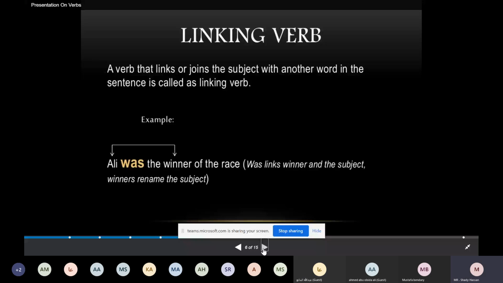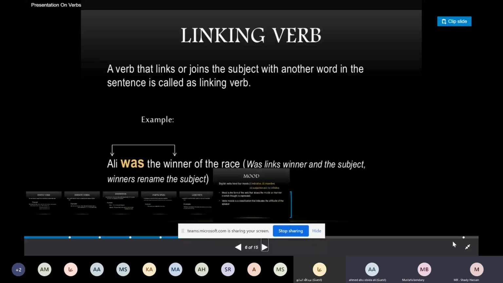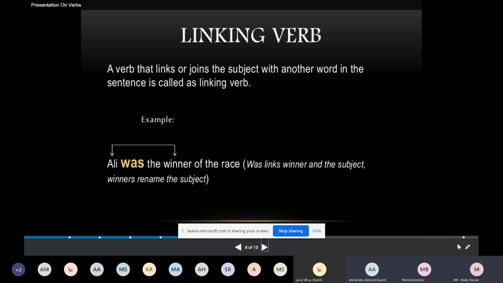Not forget, it's forgive. Forgave, forgiven. Yes, fine. What are the second and third forms of the verb catch? Caught. Yes.